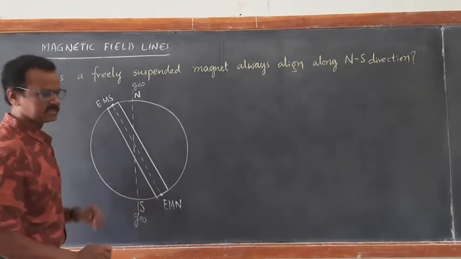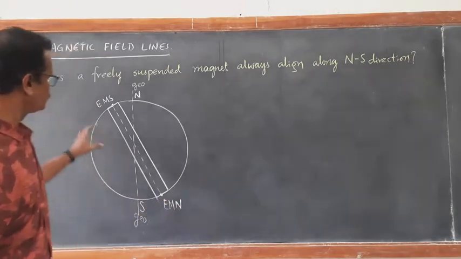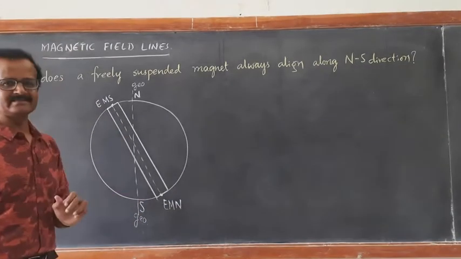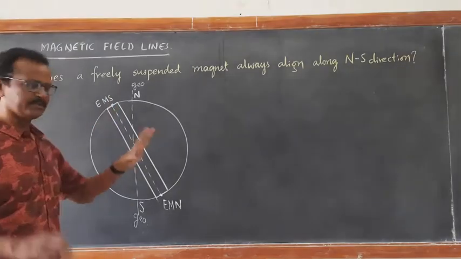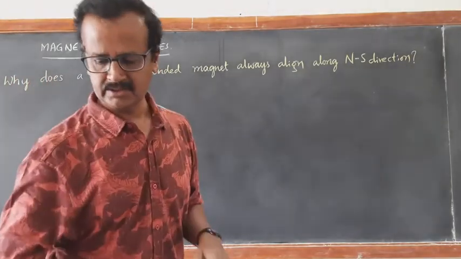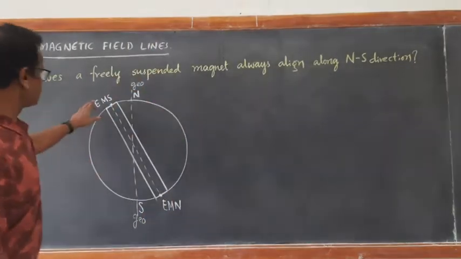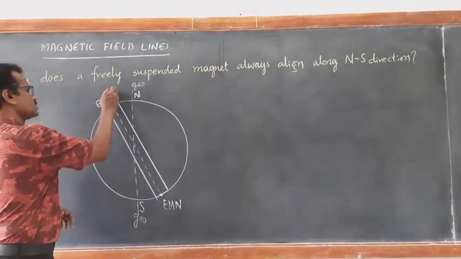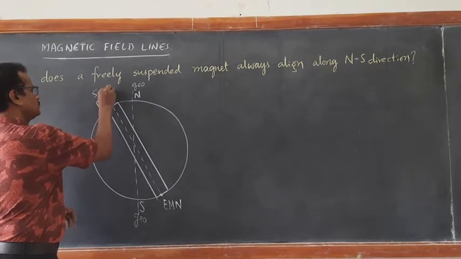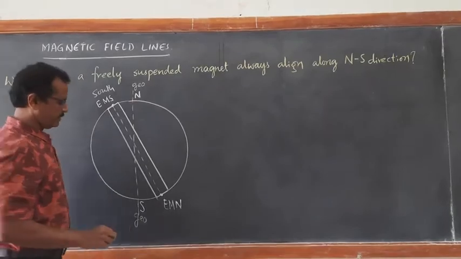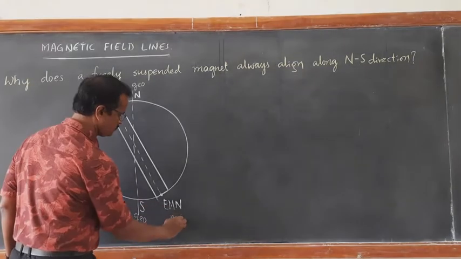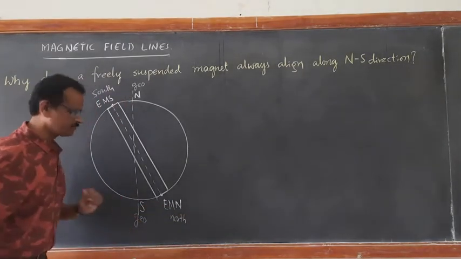Don't go for searching this. Assume that there is a huge bar magnet present inside the Earth. Means the entire Earth behaves like a magnet, huge bar magnet, such that there is a magnetic south pole near the north pole and magnetic north pole near the geographic south pole.